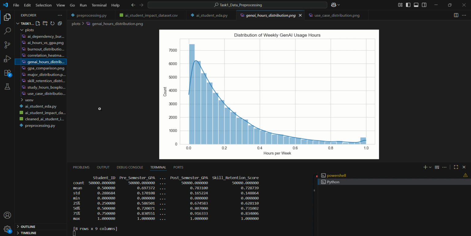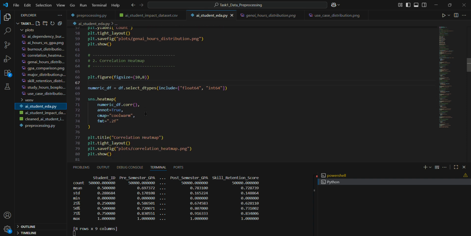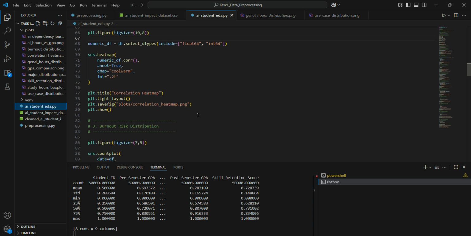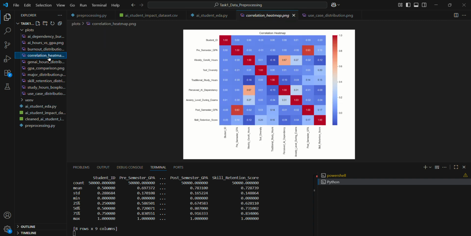All right, now again coming back to our program, we have printed the correlation heat map. A very important thing in the correlation heat map is that if one parameter is increasing and the other parameter is decreasing, the value that we get will be negative.